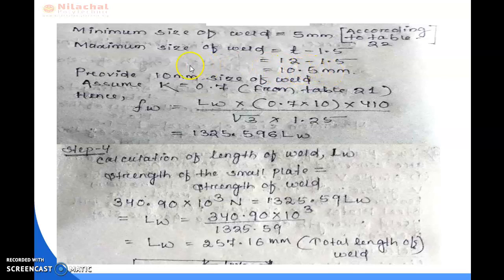Then the size of the weld that you provide should lie between the minimum size and the maximum size of the weld. As I told you in the procedure, the size of the weld provided should be nearer to the maximum size, so we will provide a weld size of 10 mm.